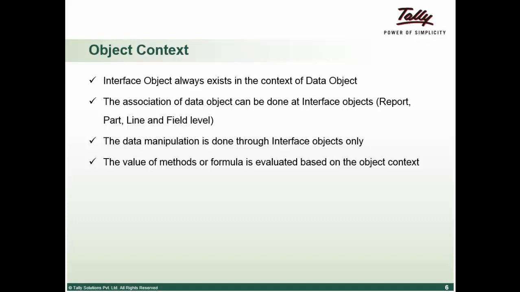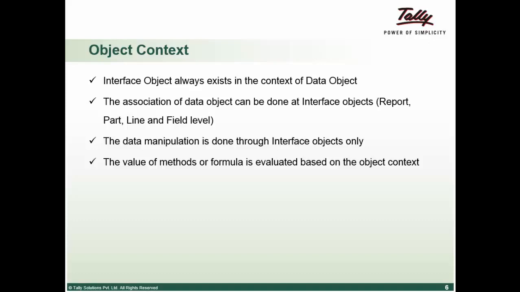Hence, at the subsequent interfaces, whatever value you provide will be evaluated based on your interface object report, that is ledger. So any of the objects that you provide, for any method or formula that you provide further, will be dependent on what data object you have provided at report level.